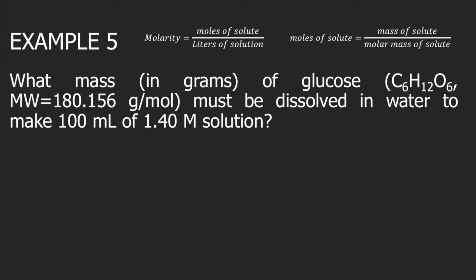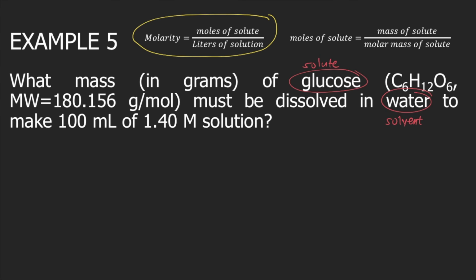Example 5, what mass in grams of glucose must be dissolved in water to make 100 ml of 1.40 molar solution? So glucose is our solute and water is our solvent. We will use this formula first.